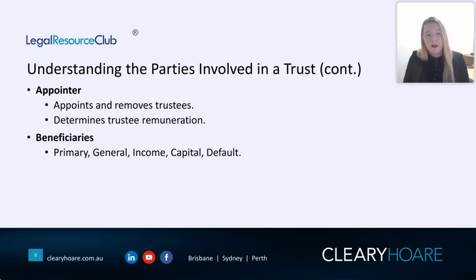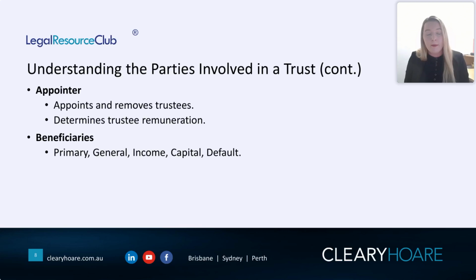So often you will have the primary beneficiaries being named individuals. That might be mum and dad. And then you will have the general beneficiaries that are normally defined with reference to the primary beneficiaries.